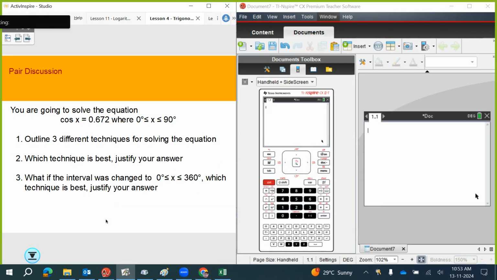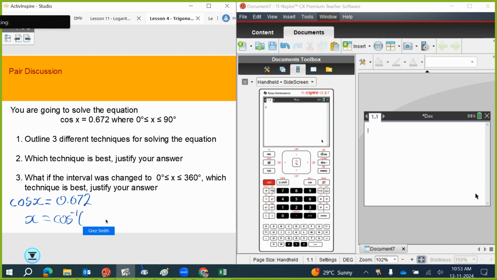When it comes to solving a trigonometric equation like this, we've got 3 strategies. So our first strategy is if we have the cosine of x is equal to 0.672, we can find the inverse cosine, cosine to the -1, and this will give us one answer.